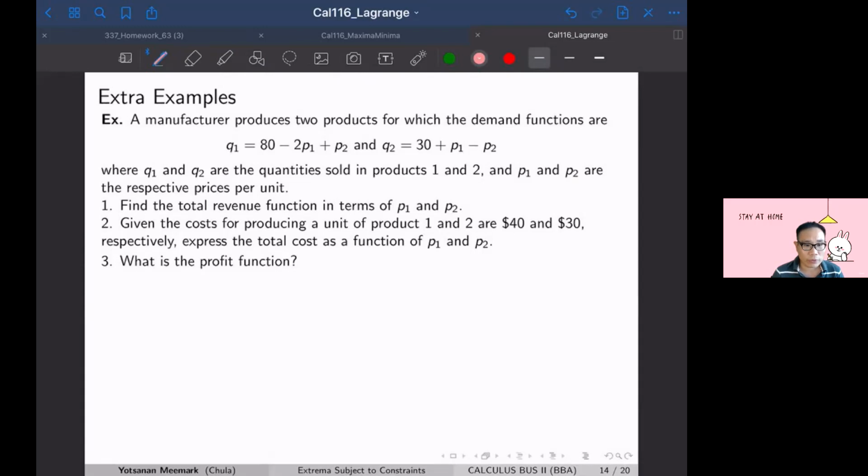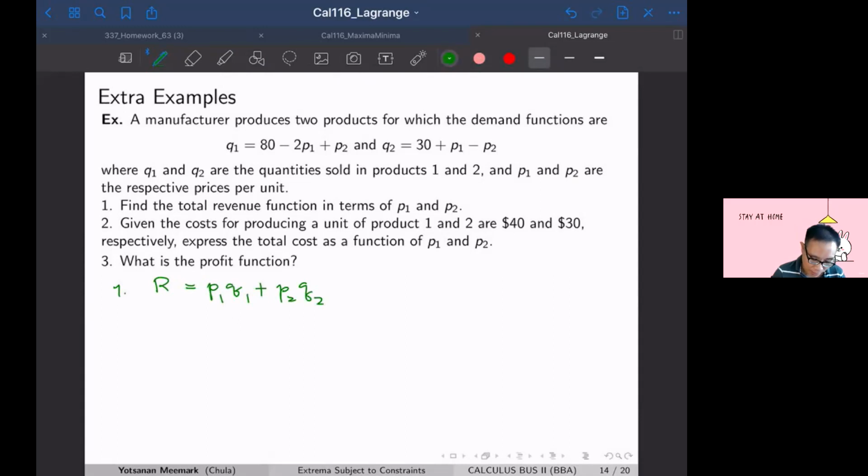The first question, you'd like to find the total revenue function. So for number 1 here, the total revenue function will be P1 Q1 plus P2 Q2.